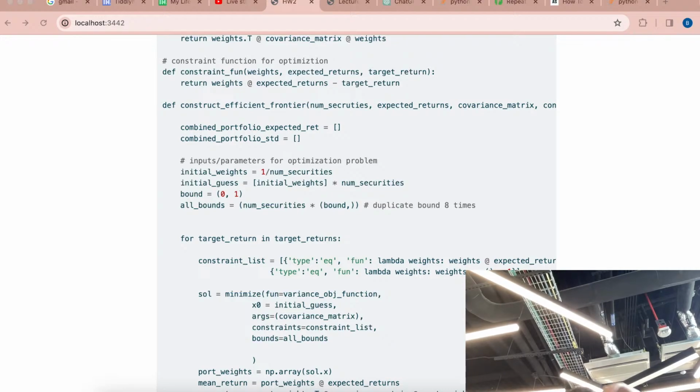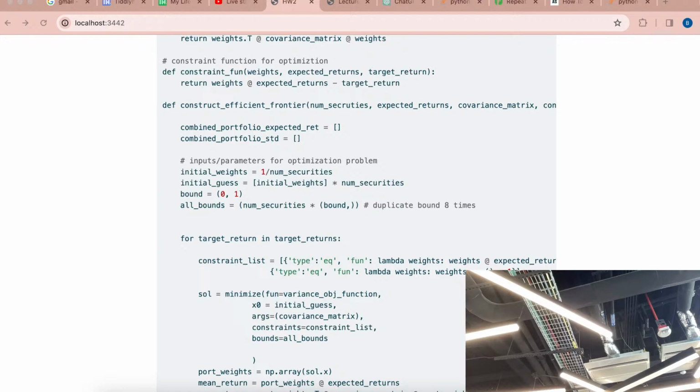Okay, so weights dot sum minus 1. I think that does that.